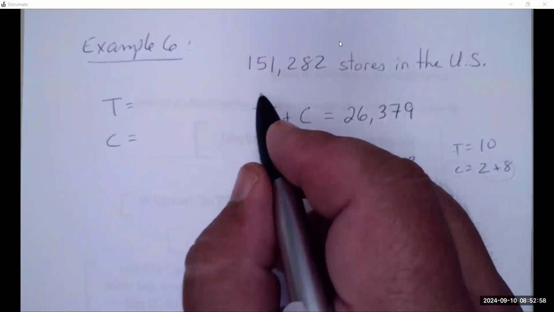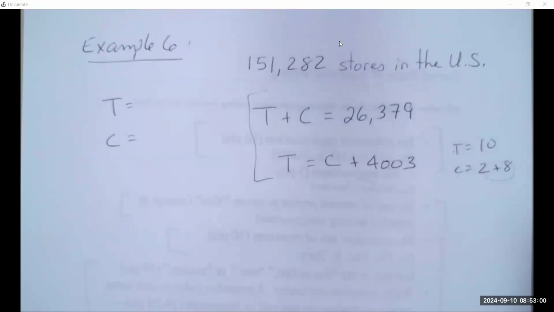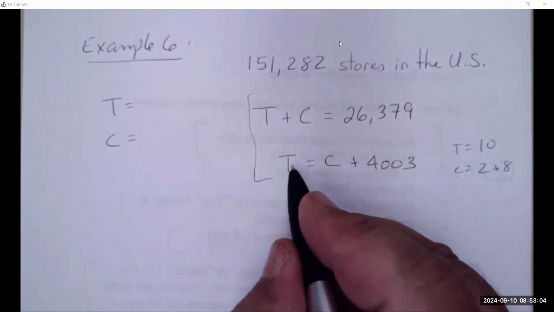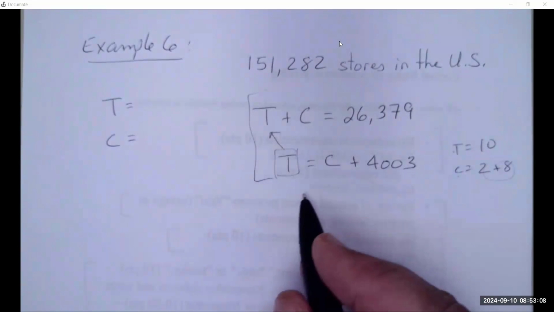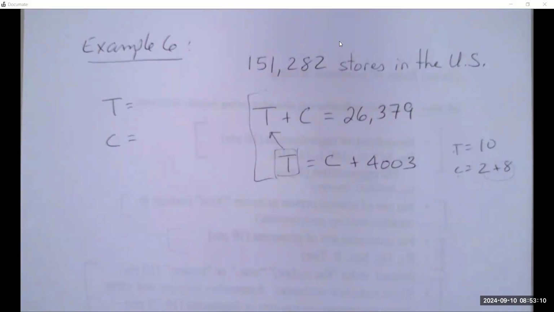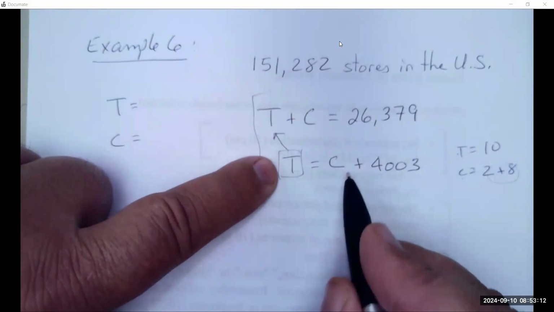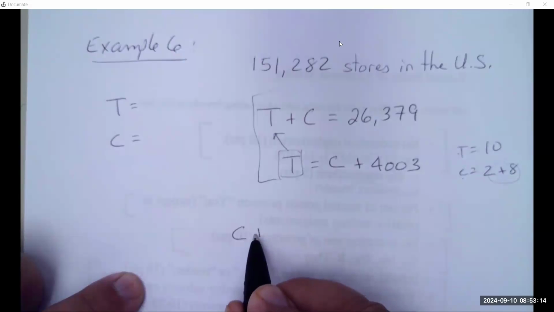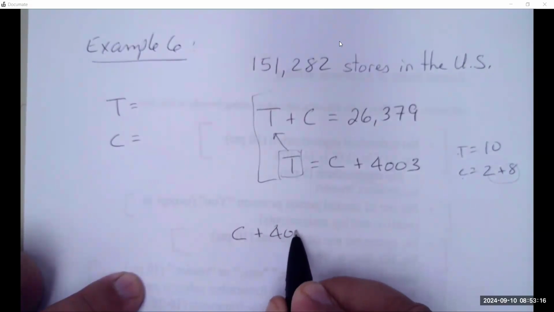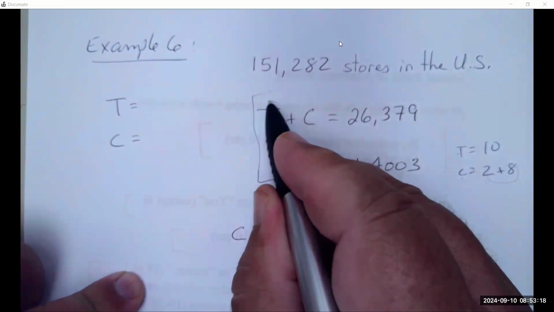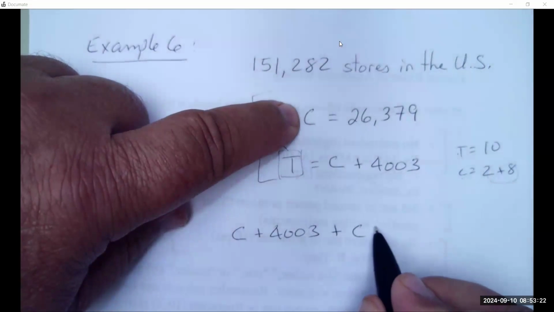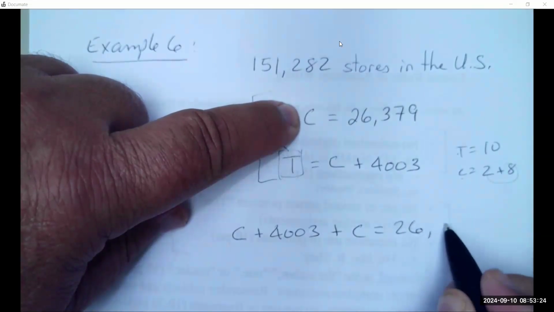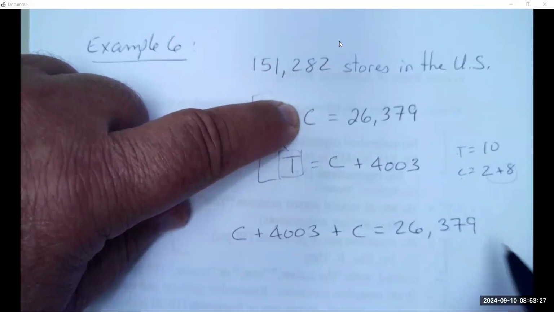So now we have two equations and two variables. We know what T equals. Anywhere we see a T, we combine both of those equations. So Texas is California plus 4,003. That's this T. Plus C equals 26,379.